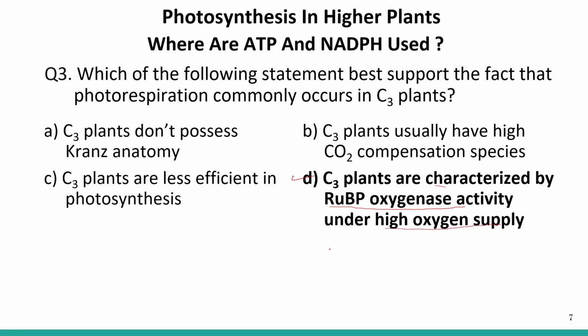Okay. So what happens? For photorespiration to take place, alright, I've written it in short. Photorespiration, first, high oxygen is required, high oxygen levels, or you can say high oxygen to carbon dioxide ratio is required.